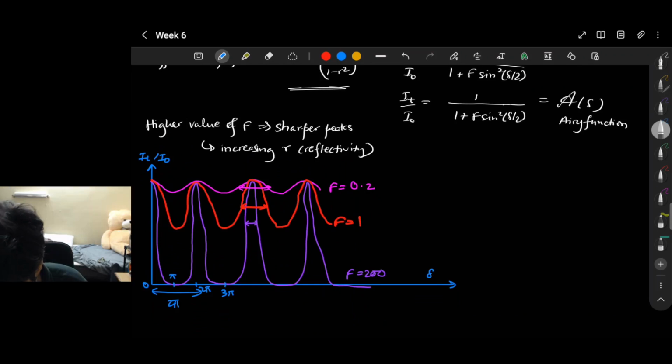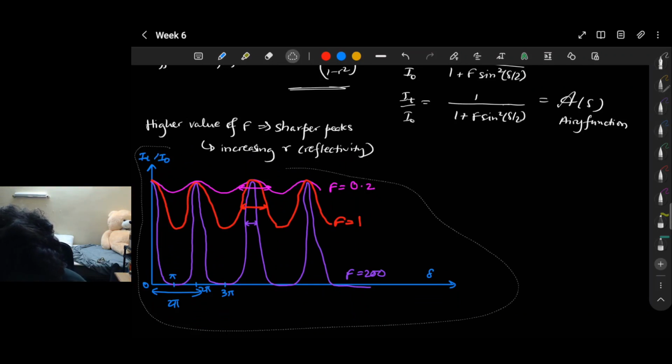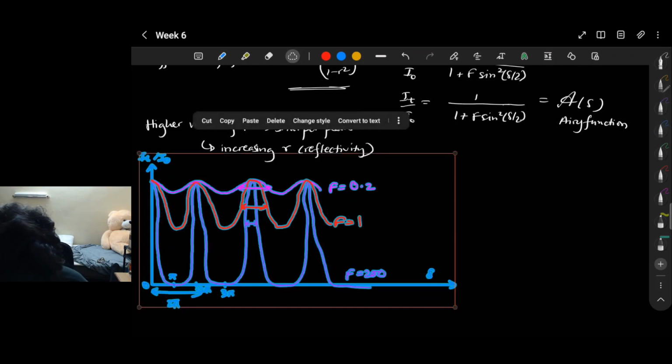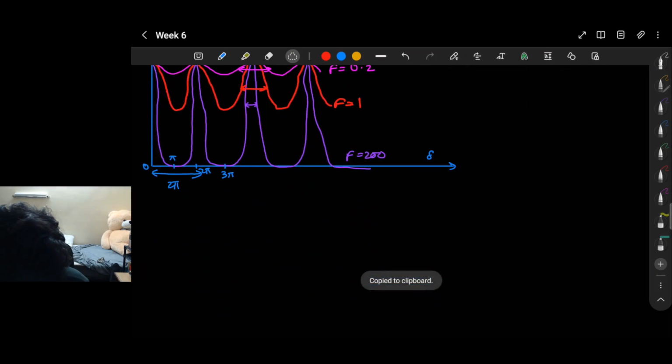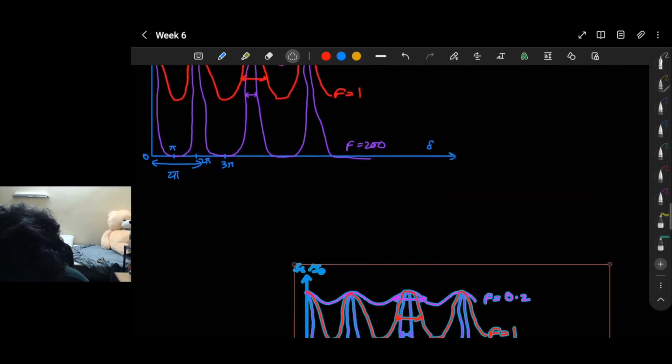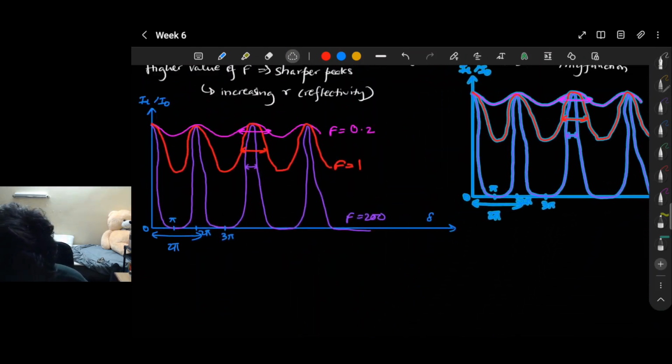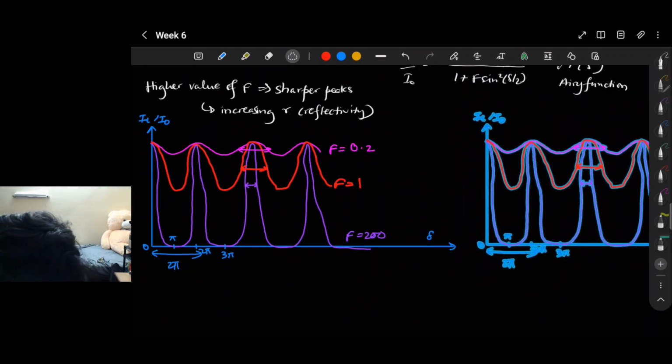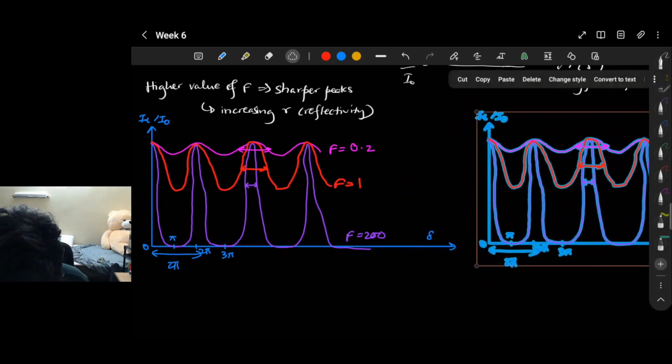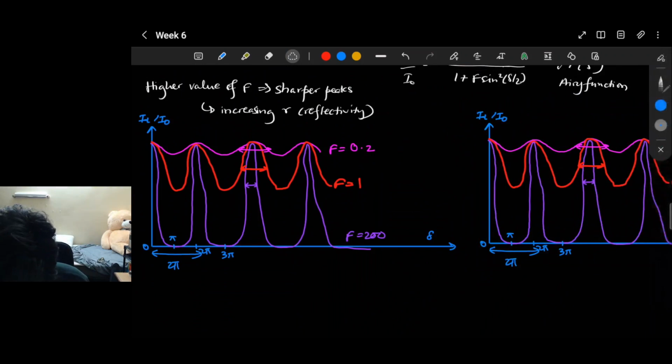What happens to the reflected? It would be the exact opposite because of conservation. So the reflected, if I were to draw, would be just the exact opposite. Okay, I don't want to draw it all over again.